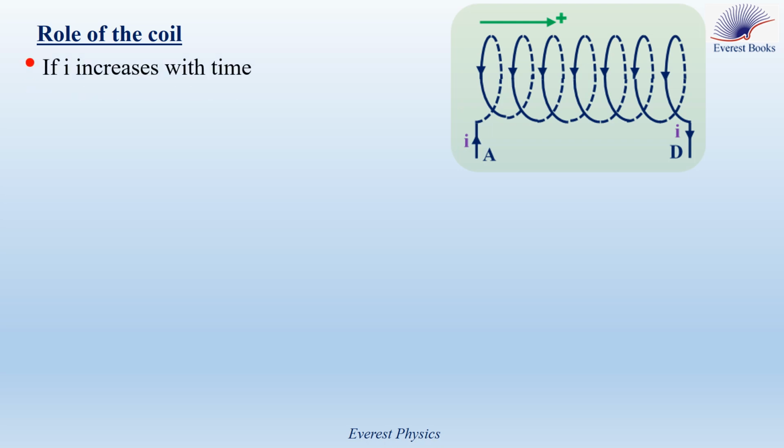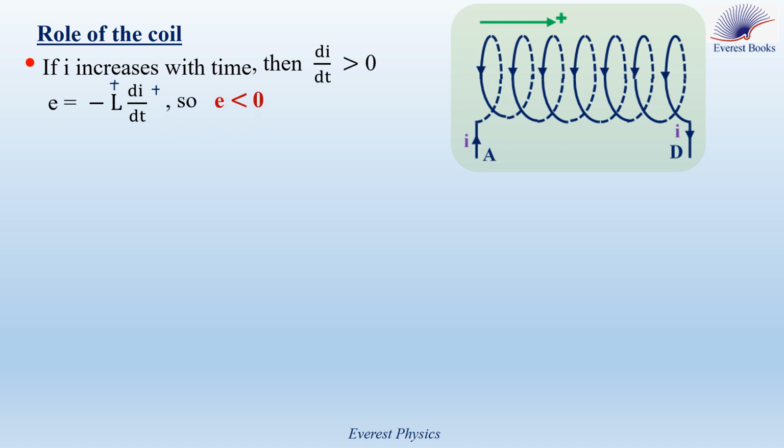If I increases with time, this means that di by dt is positive. The expression of the induced electromotive force is equal to minus L di by dt. L is a positive quantity, di by dt is positive. This means that E is negative.